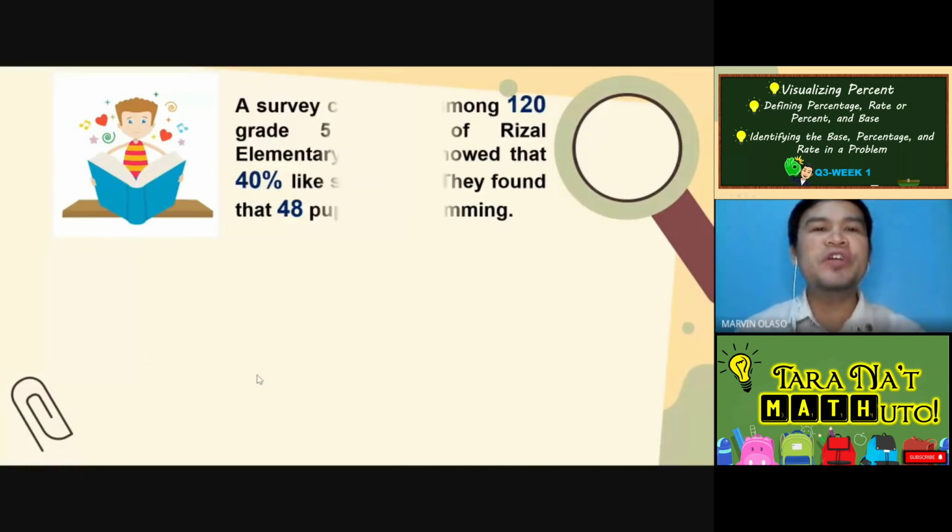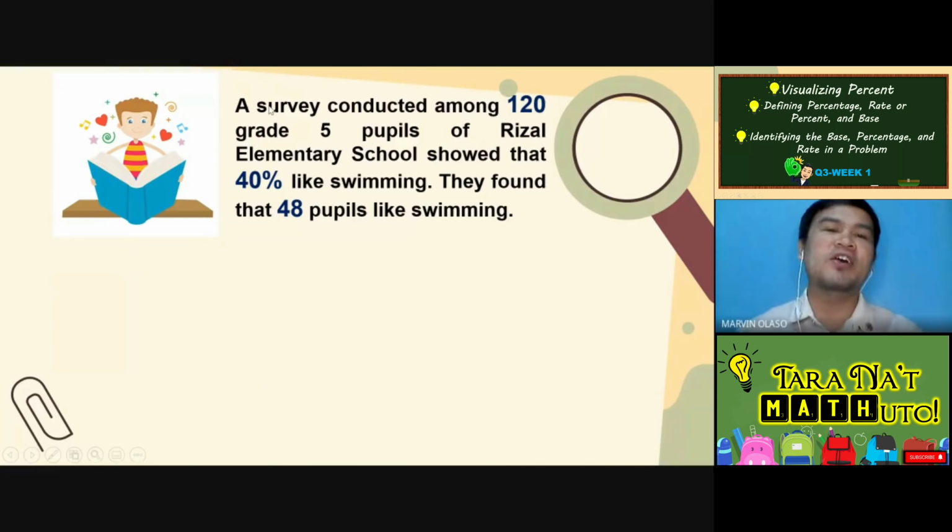Okay, our next situation or problem is that a survey conducted among 120 grade 5 pupils of Rizal Elementary School showed that 40% like swimming. They found that 48 pupils like swimming. So yan ang ating situation.